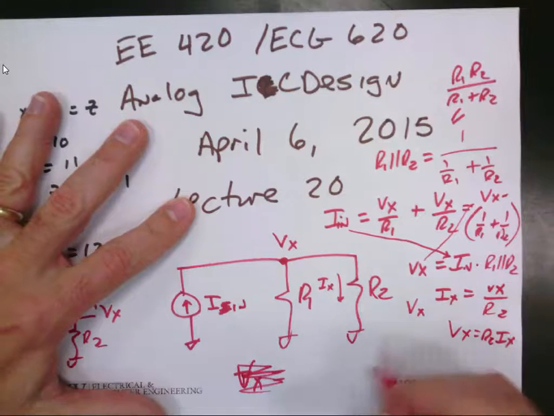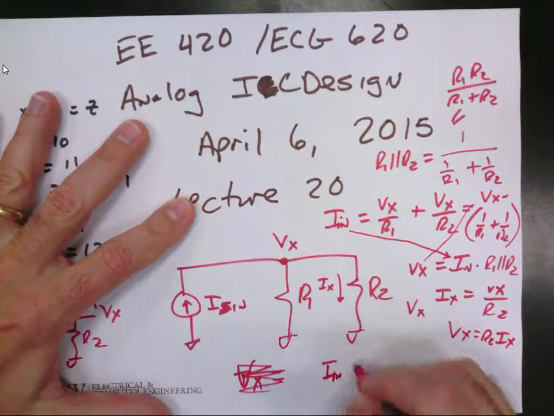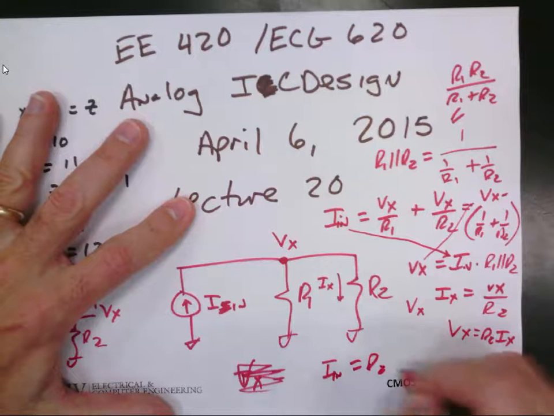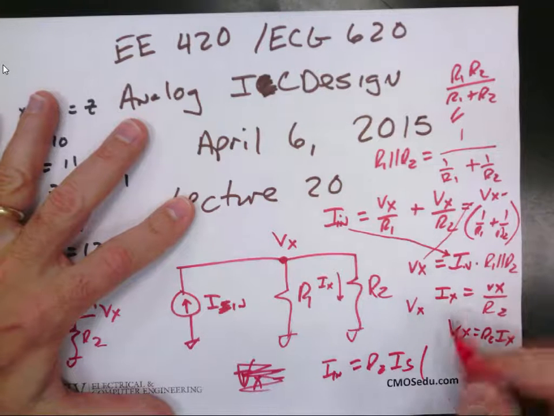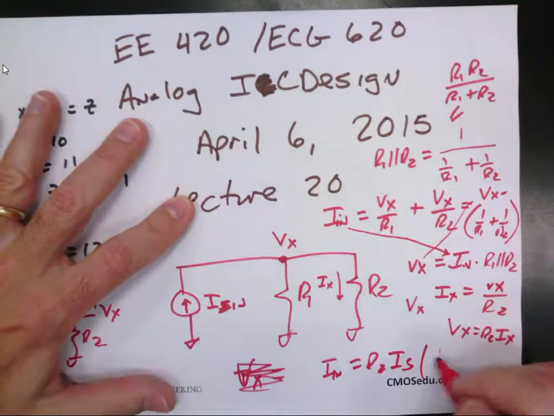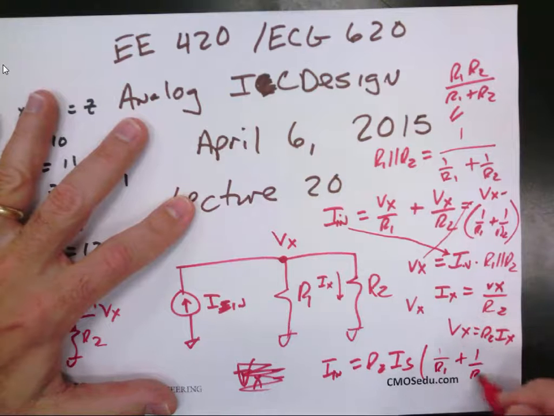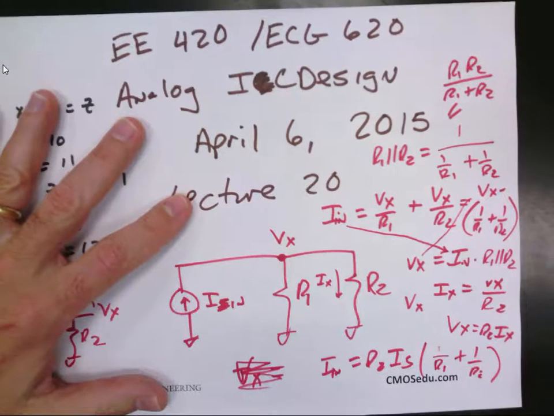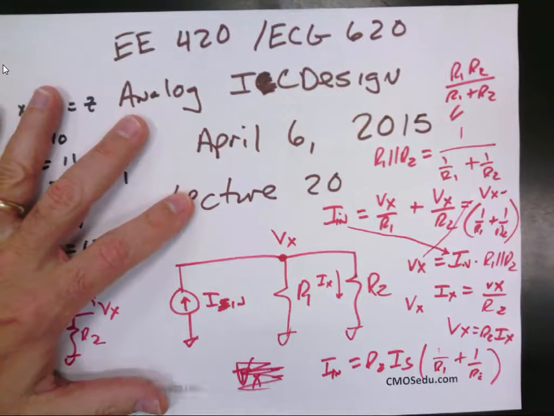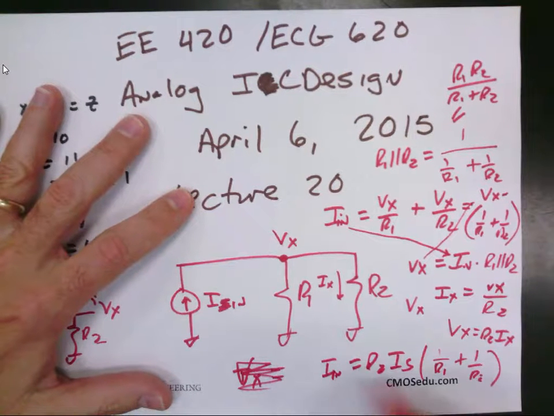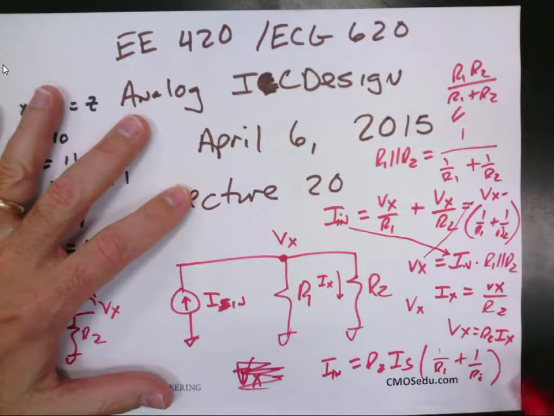Plug that in here, and we get IN is equal to R2Ix times 1 over R1 plus 1 over R2. Did I do that right? IN equals Vx times 1 over R1 plus 1 over R2. Yep, that's right.